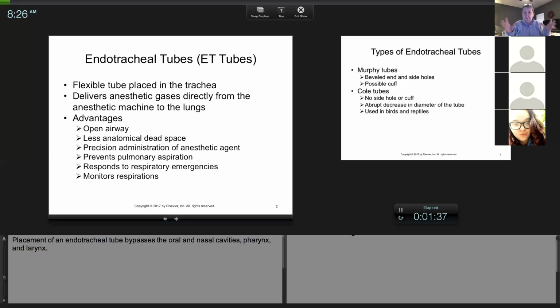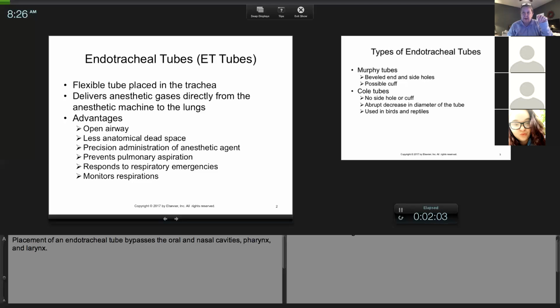The animal has to get the anesthetic coming from the machine all the way to the deep parts of the alveoli to exchange. So when oxygen comes through the vaporizer and goes through all of the tubing, it has to get into the patient. All of those areas from the machine to the patient are considered dead space because there's no exchange.